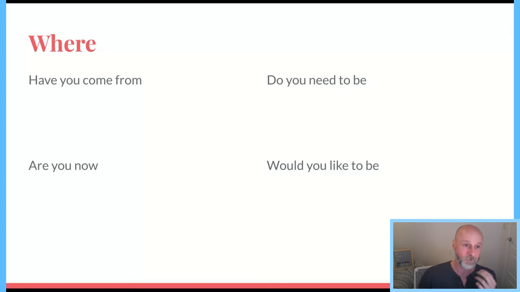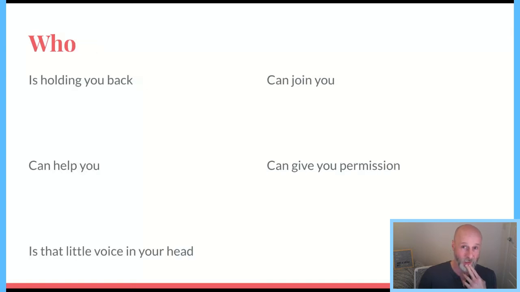The who's. Who is holding you back? For a lot of people, it's going to be you. I'm afraid there's nobody else holding you back but you. For other people, I work with a lot of people who are carers, who are caring for partners, for relatives, etc. And they tend to put a lot of pressure on themselves to focus on that person's needs.